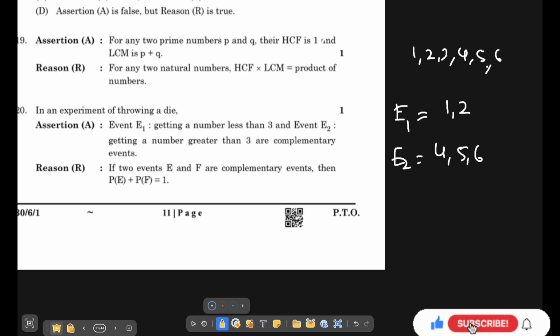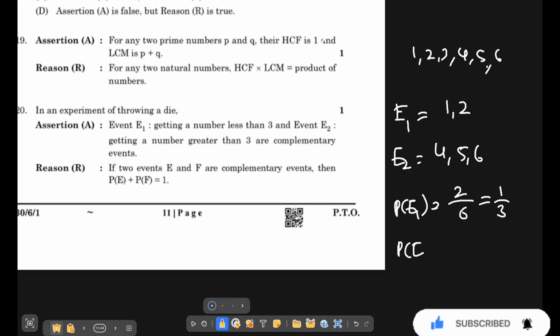Are they complementary events? If they are complementary events, the sum of their probabilities should be equal to 1. What is the probability of E1? Probability of E1 is 2 by 6, which is 1 by 3. Probability of E2 is 3 by 6, which is 1 by 2.